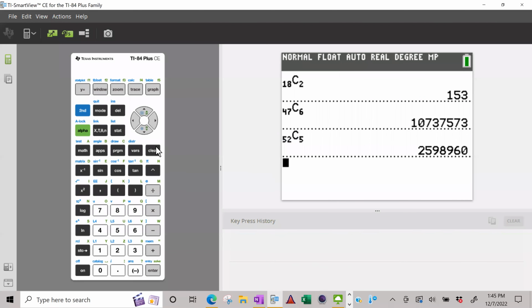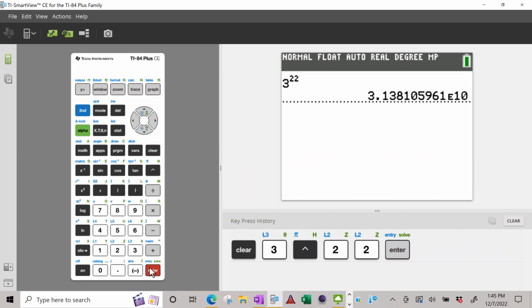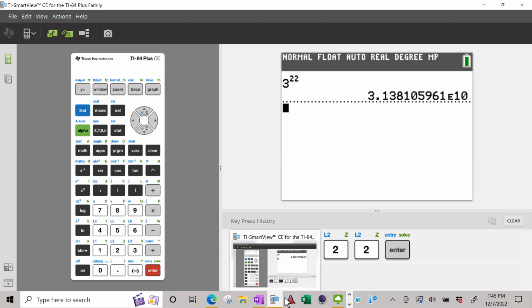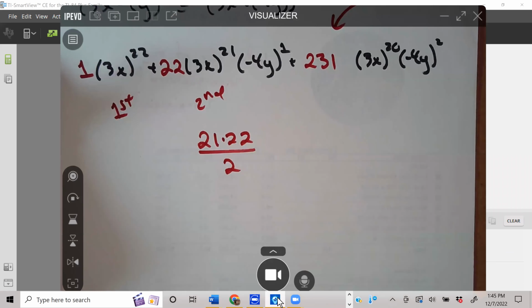So 3 to the 22nd. Wow. Yeah, I'm thinking that they probably don't want you to write all that. So at least for me and for the exam, you can just leave it as 3 to the 22nd, because those are just enormously big.